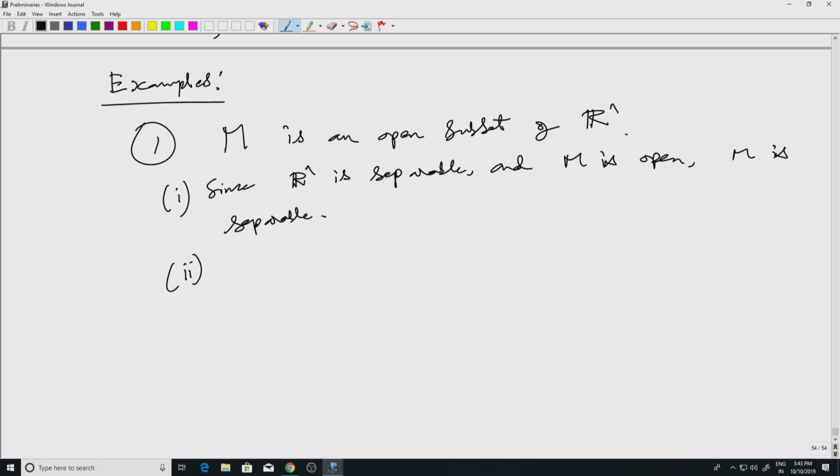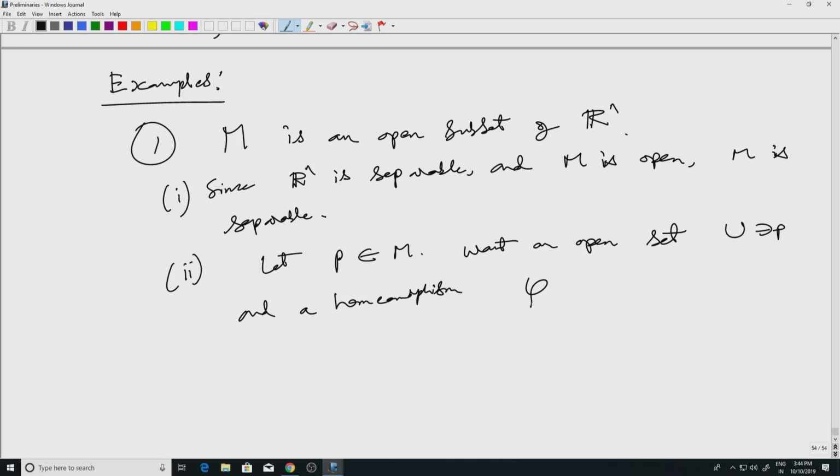The obvious thing to do is, let P belong to M. I want an open set U which contains P and a homeomorphism phi from U to some V in Rn, where V is again open.